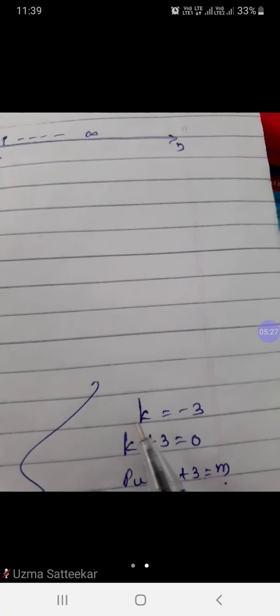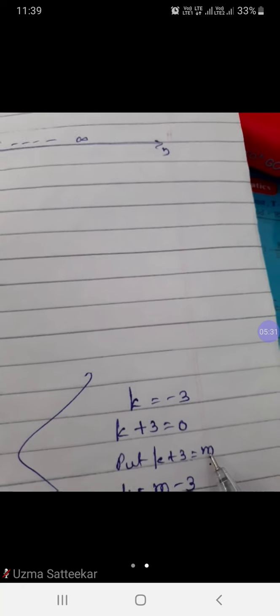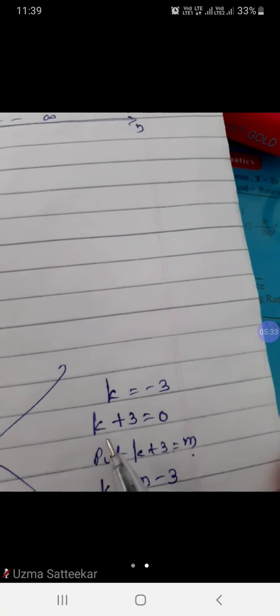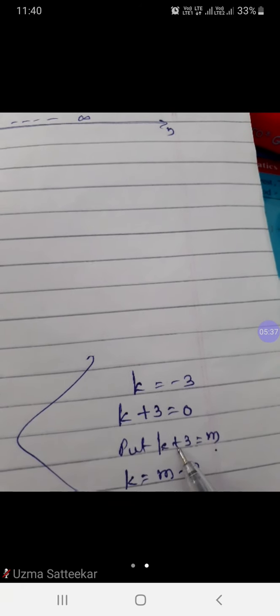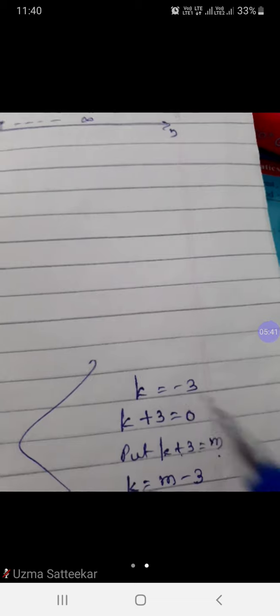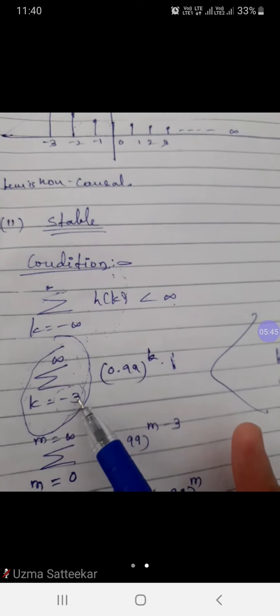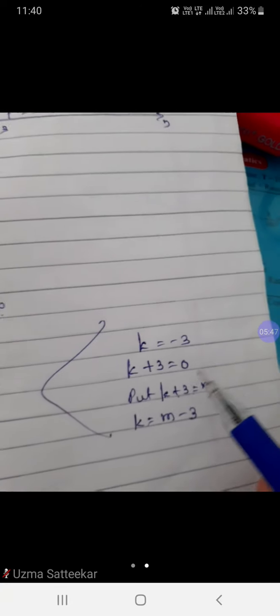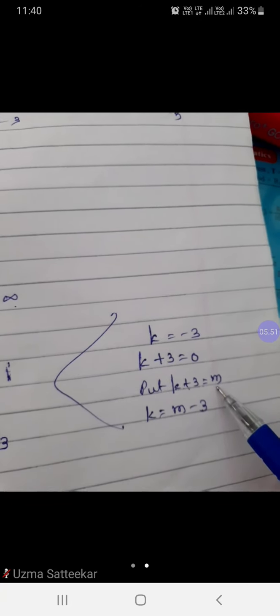So I'll substitute k plus 3 is equal to some other variable, say m. And what will k be equal to? k is equal to m minus 3. Let us apply this over here. k plus 3 is equal to 0, and k plus 3 we have substituted as m.